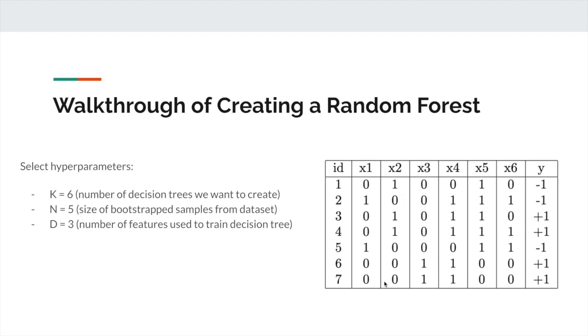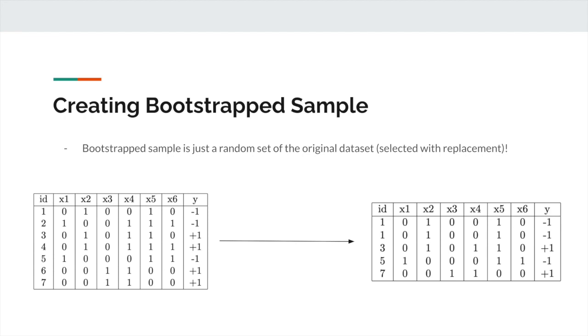So this is our data set. And so let's start off the process of creating a random forest by first finding a bootstrap sample. A bootstrap sample is just a random set of the original data set that is selected with replacement, right?